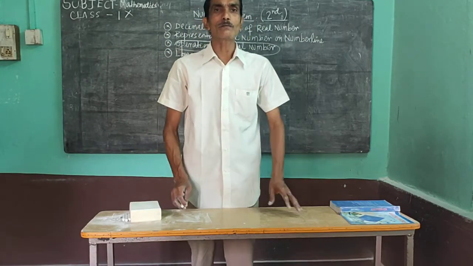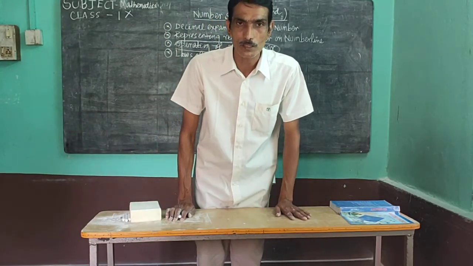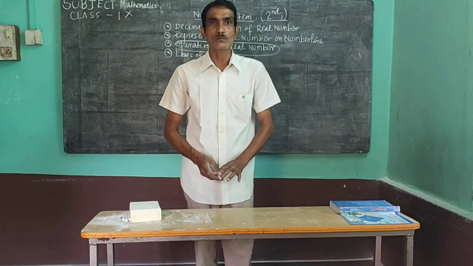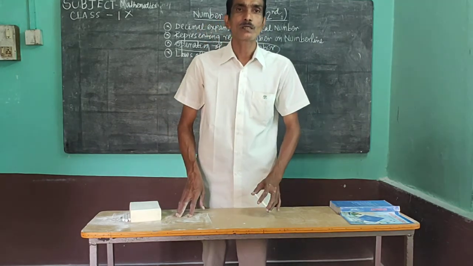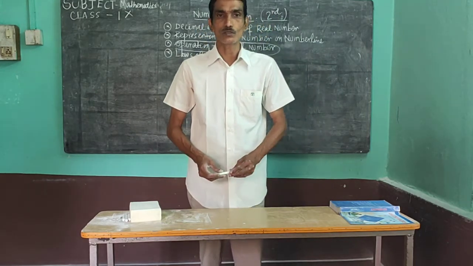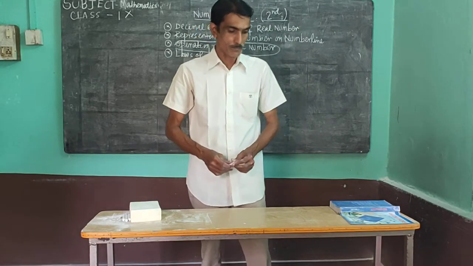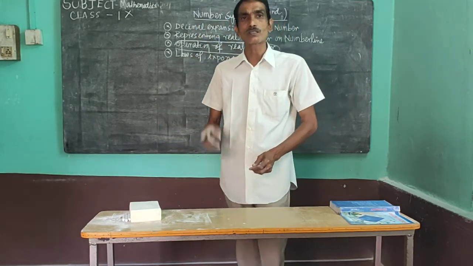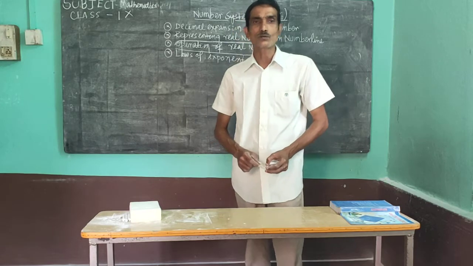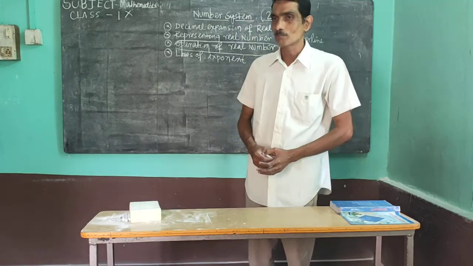We said that any number in the form p upon q, where both p and q are integers and q is not equal to 0, is a rational number. The number which is not rational is known as an irrational number.